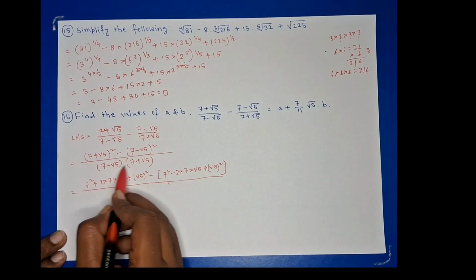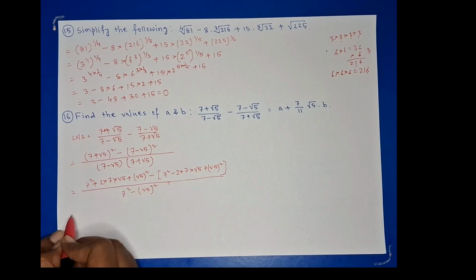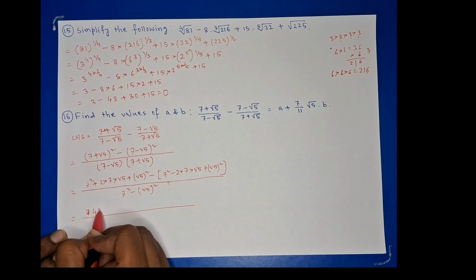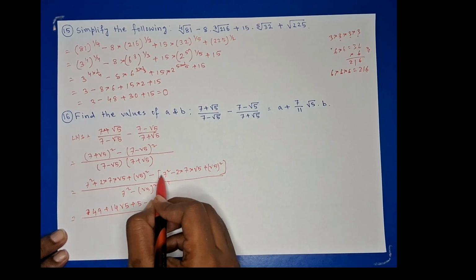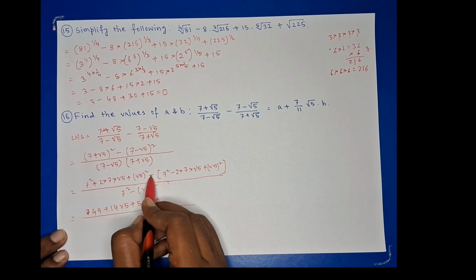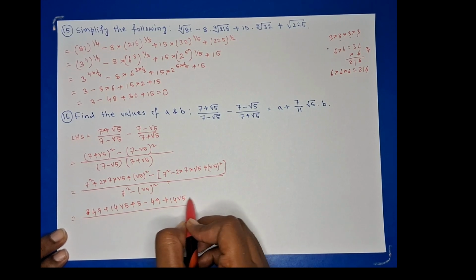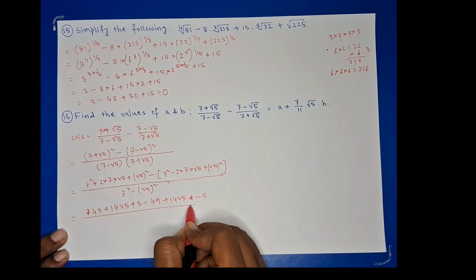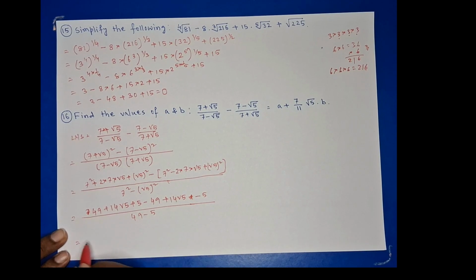And this is a minus b into a plus b, that is equal to a square minus b square. So this is 7 square means 49 plus 14 root 5 plus 5, minus 7 square means 49. This minus and minus becomes plus. This 14 root 5 plus, no sorry, this plus and minus becomes minus 5. This 7 sevens are 49 minus 5.